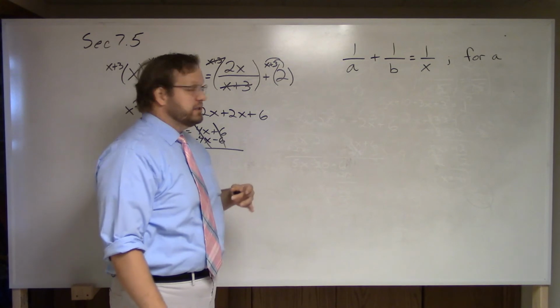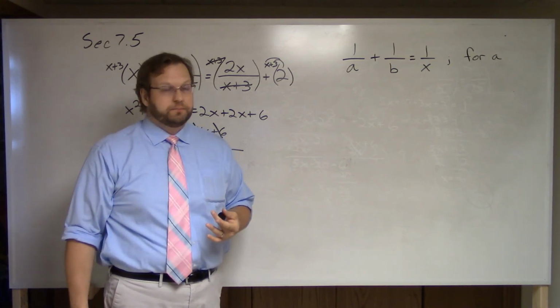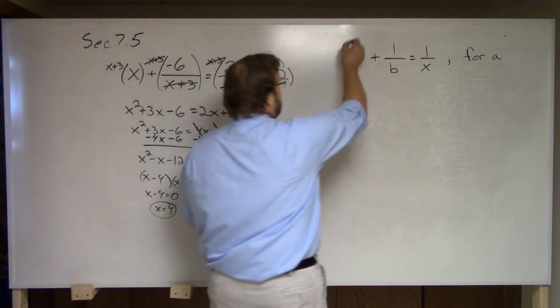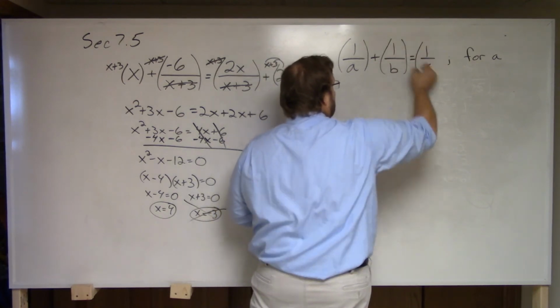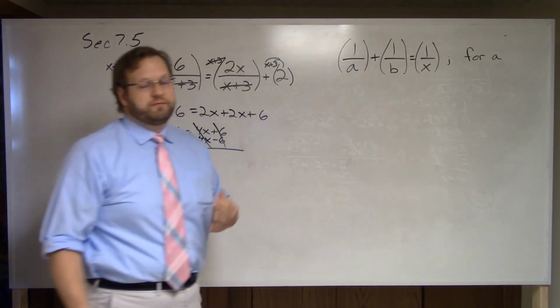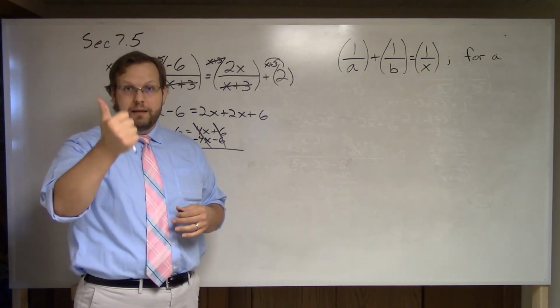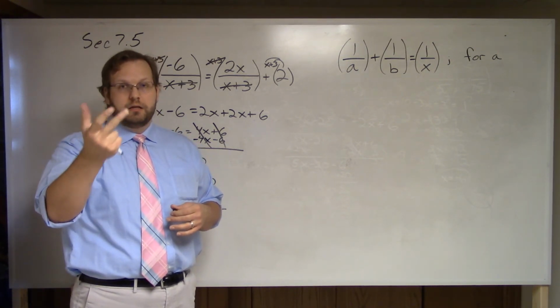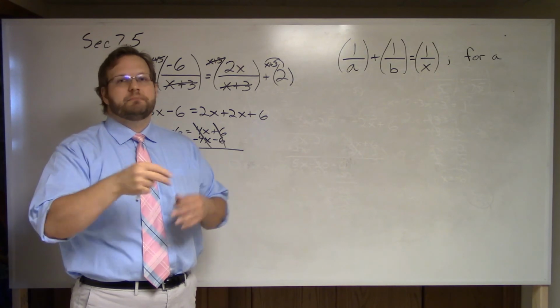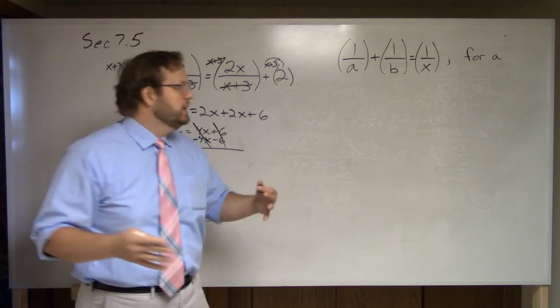Now, regardless, the first thing we need to do is clear those fractions out. So what I'm going to do is multiply all 3 of these terms by the LCD. And the LCD is ABX. Those are the 3 things I have. I list them, meaning I multiply them, and I see what happens.